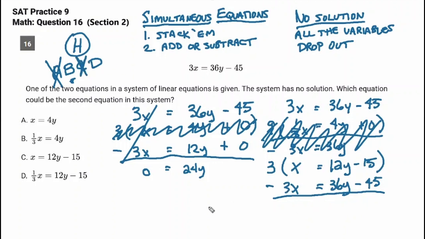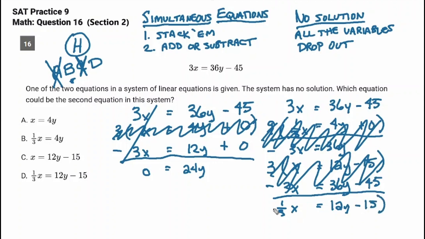All right, and now I'm going to do D. Down here, where we completely run out of room. 1/3 x equals 12y minus 15. And again, this time I'm going to multiply by 3 so I can get the 12y to 36. So that's going to be 3 times 1/3, which is just x equals 3 times 12y is 36y minus 45.